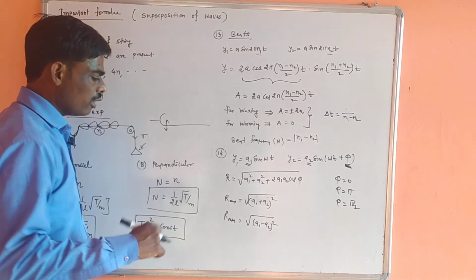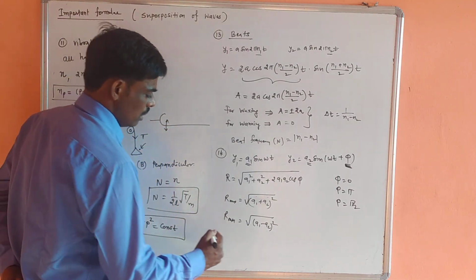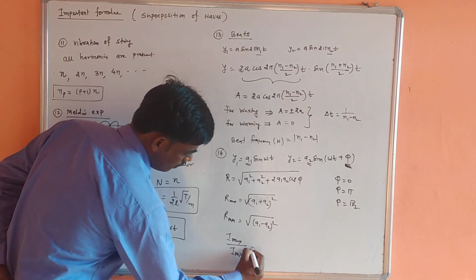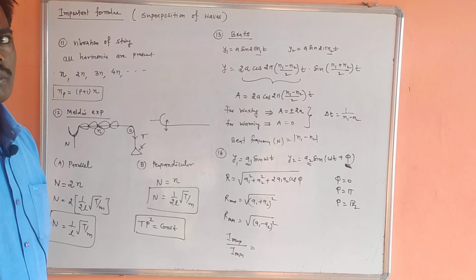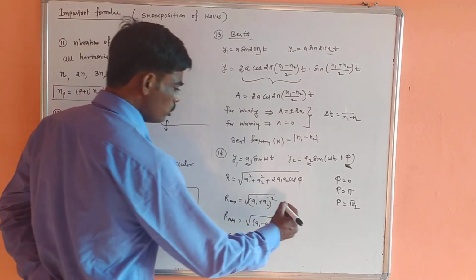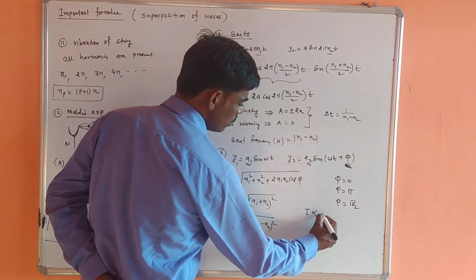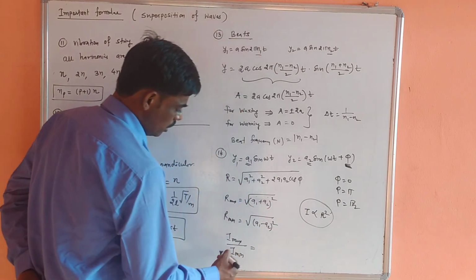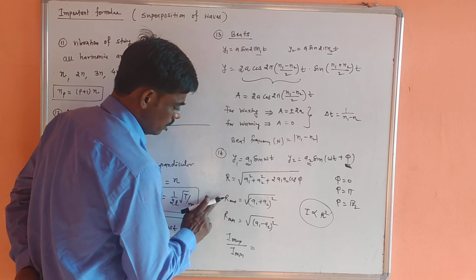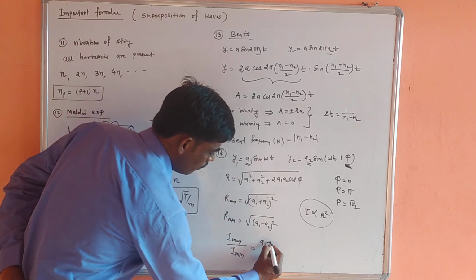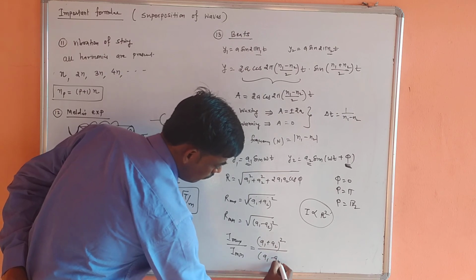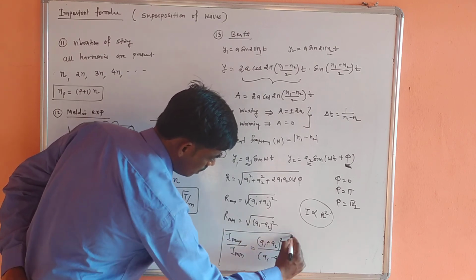So one important formula we can draw here is I max upon I minimum, the ratio of intensities. As we know, intensity is directly proportional to the resultant amplitude square. So I max upon I minimum is (a1 plus a2) whole square upon (a1 minus a2) whole square. This is the important formula.